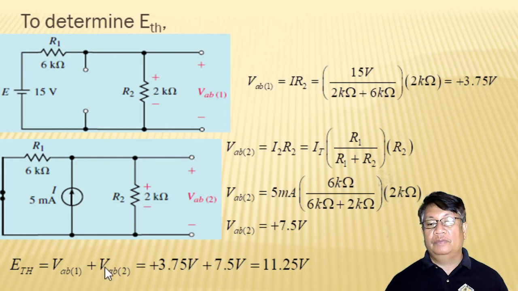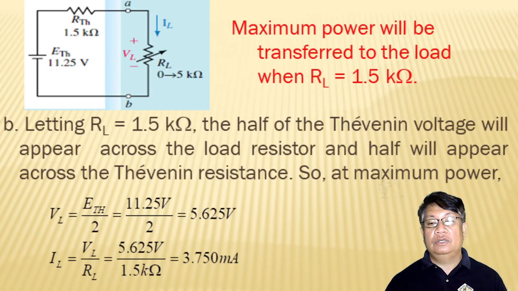Since they are all positive, the first solution is positive 3.75 and the second solution is positive 7.5. Take the sum of these two voltages, then it will result to 11.25 volts. So that is your Thevenin voltage.